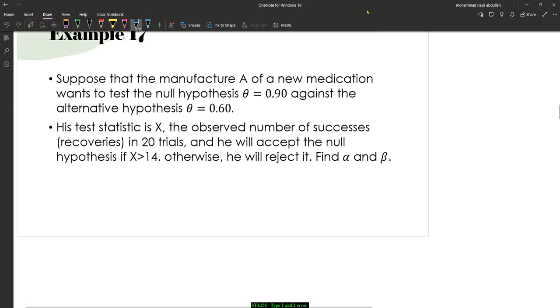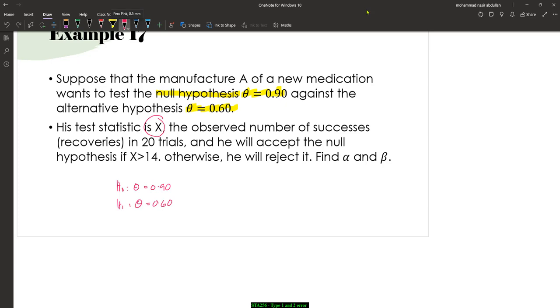Suppose that the manufacturer A of a new medication wants to test the null hypothesis theta equal to 0.9 against the alternative hypothesis theta equal to 0.6. So we have two statements here. Null hypothesis theta equal to 0.90. Alternative hypothesis theta equal to 0.60. So his test statistic is X.